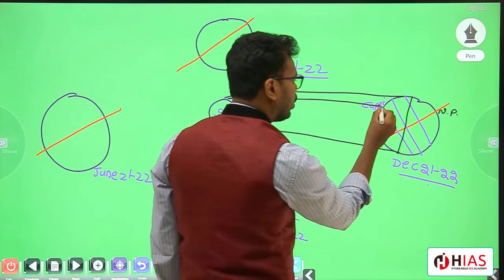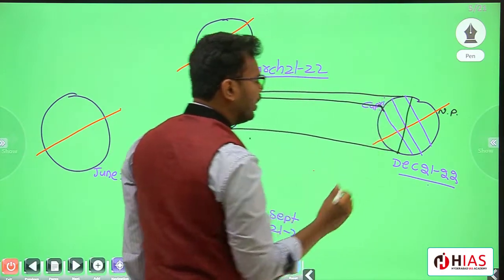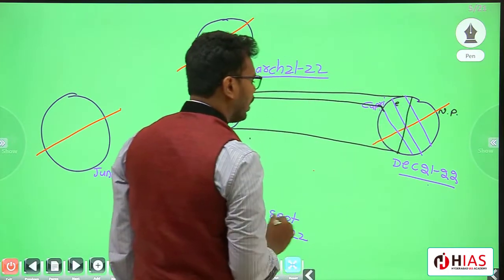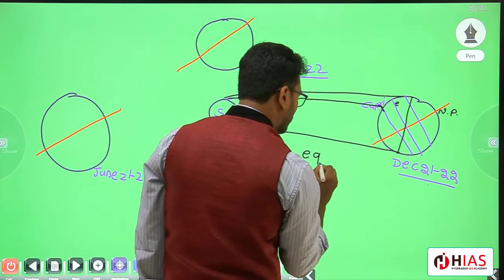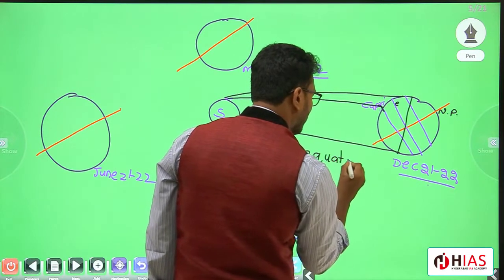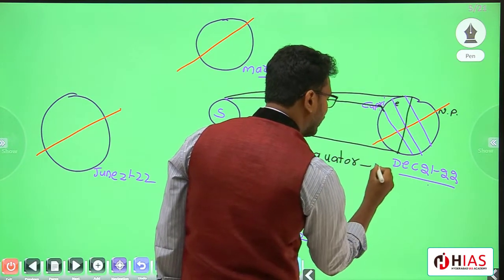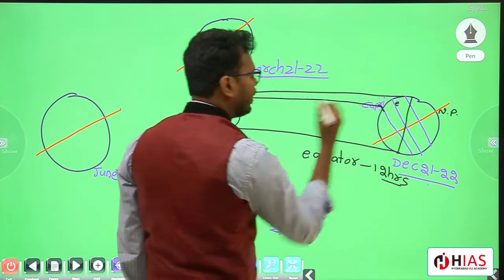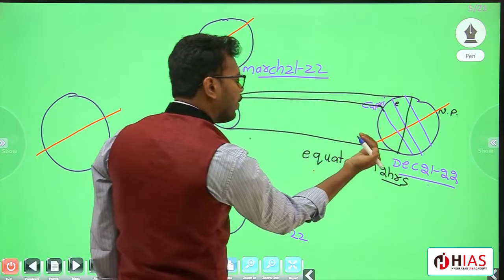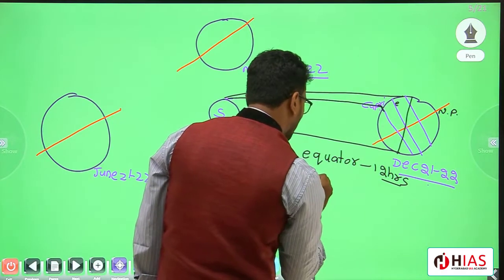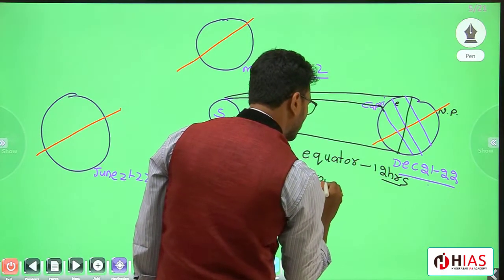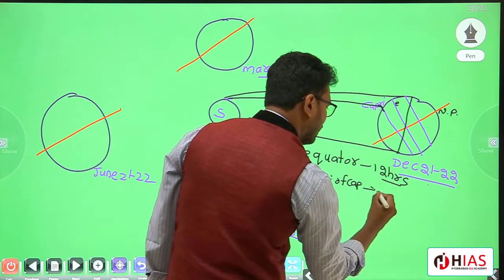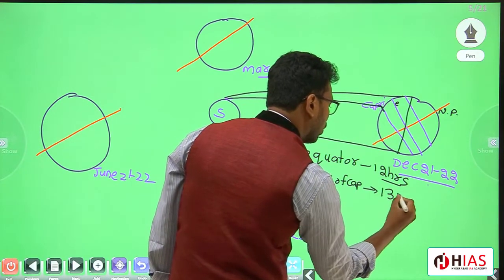So here you can see the Tropic of Capricorn has more sunlight, and this one is the equator. If we calculate at the equator, the length of daylight will be 12 hours. Slowly below the equator, in the southern hemisphere, around the Tropic of Capricorn, the length of daylight will be around 13 hours.